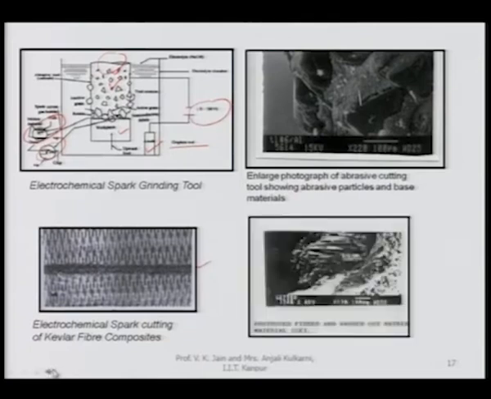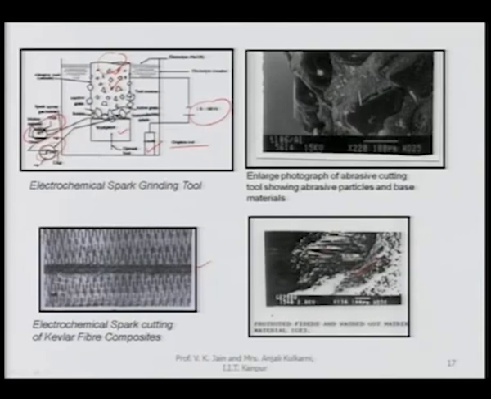Now, when you are using this particular process for glass fiber composite materials, there are certain problems, because the melting temperature or softening temperature of the glass is very high compared to the epoxy matrix. So, when sparking takes place near the workpiece surface, the epoxy gets eroded or removed, and the protrusion of part of the fibers remains intact over there.